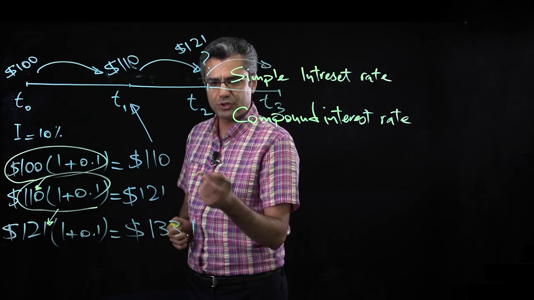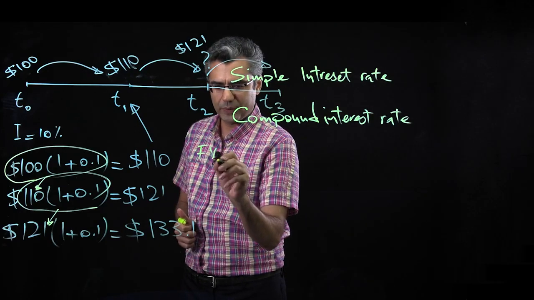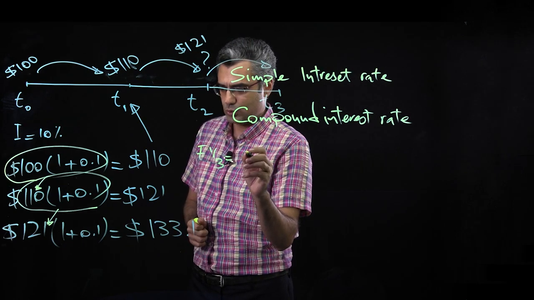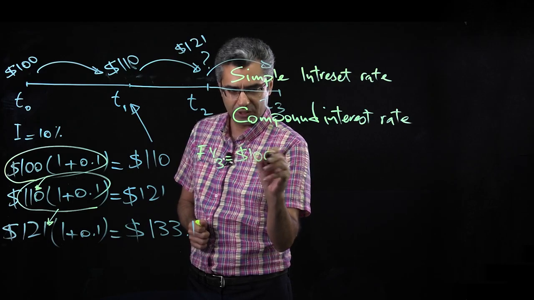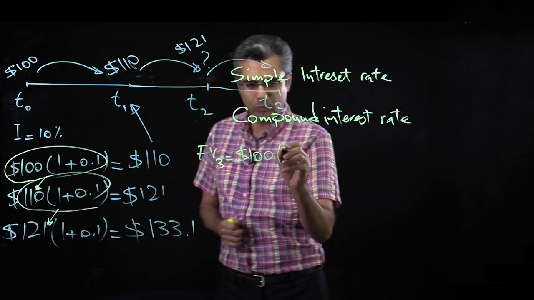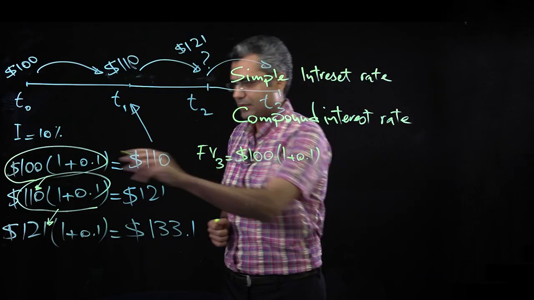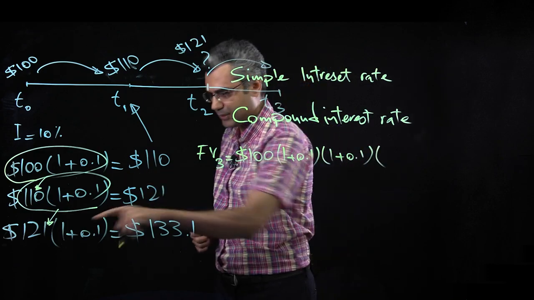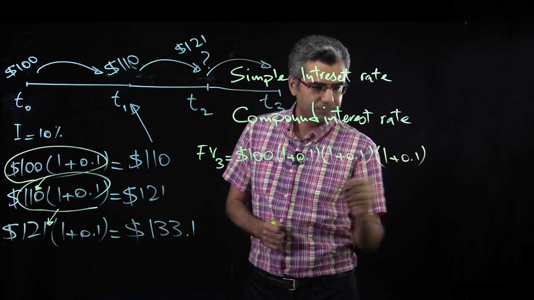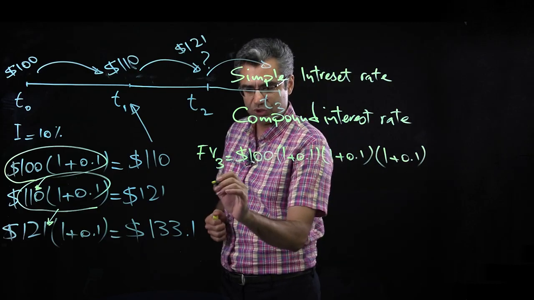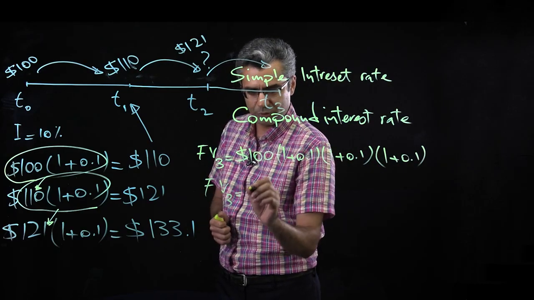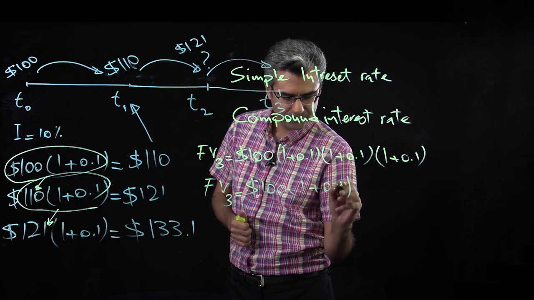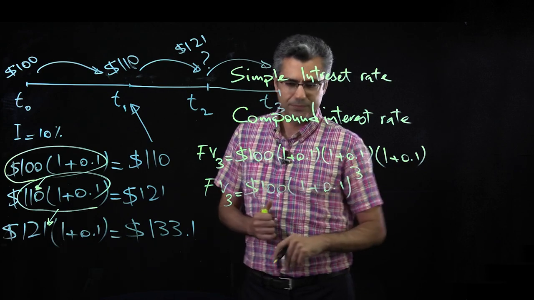So the future value in 3 years will be 100 multiplied by 1.1, then multiplied by 1.1, then multiplied by 1.1. What happened? For 3 years, if you leave your money there for 3 years, I can write it like this: 1.1 to the power 3.